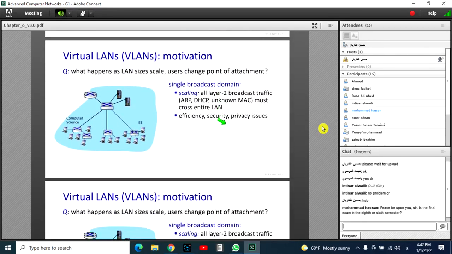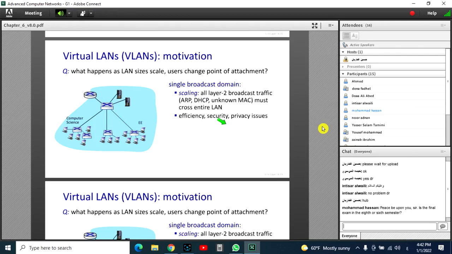Let me add one more thing. As we talked, a switch learns about the MAC addresses. Okay, the switch learns about MAC addresses and it filters the received frames according to their destination MAC address.